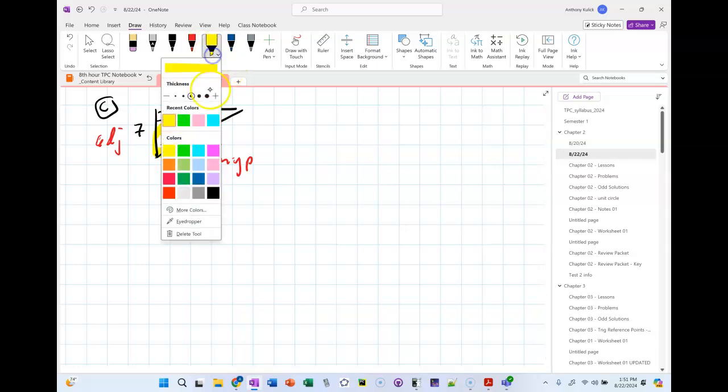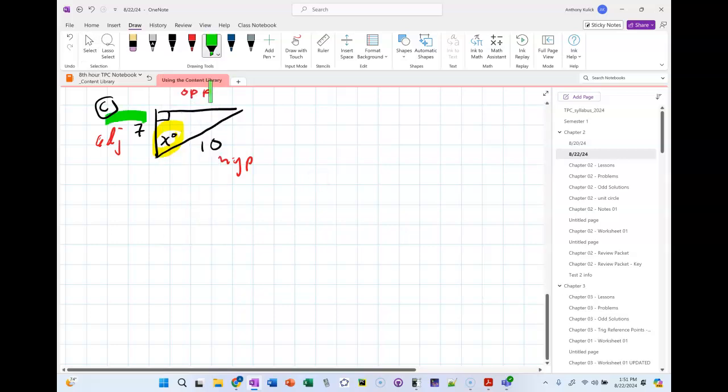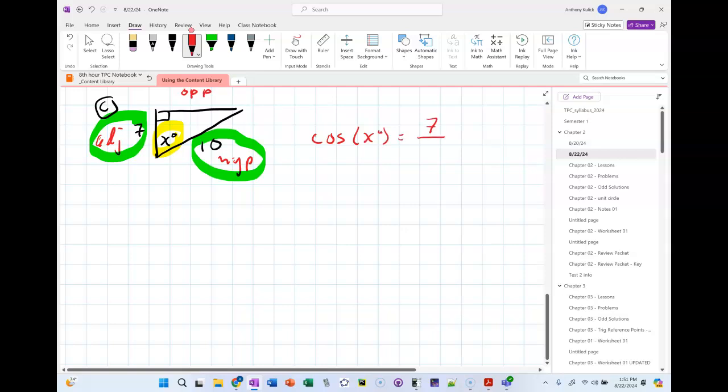So which trig function are we going to be using here if we know about the adjacent and the hypotenuse? Cosine. So I have cosine of x equals adjacent over hypotenuse.